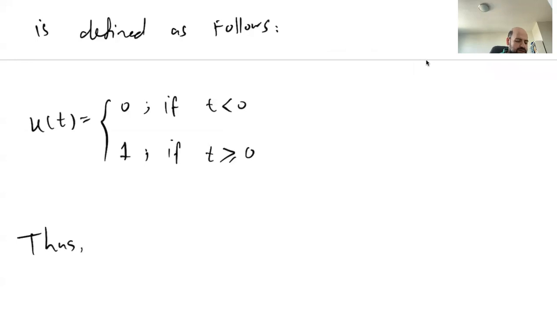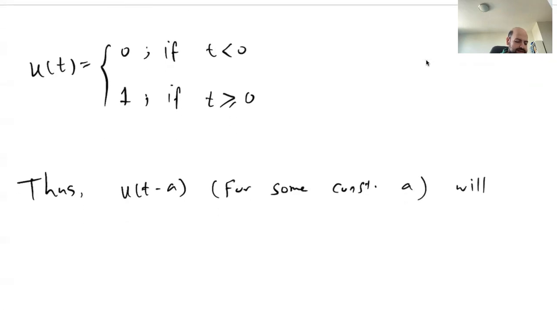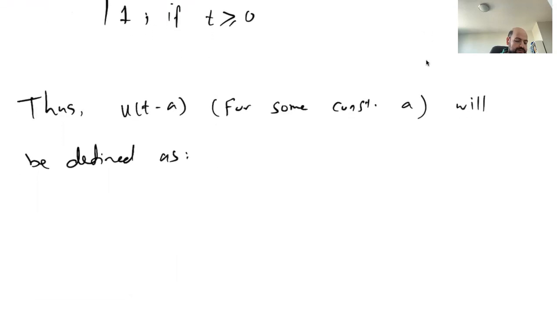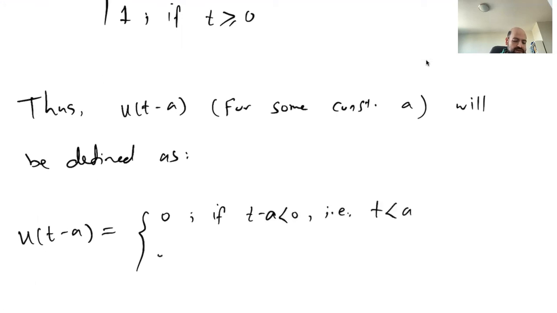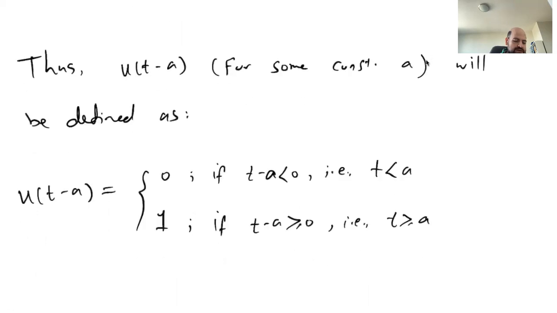Thus u of t minus a, for some constant a, will be defined as 0 if t minus a is less than 0, which means t is less than a, and it will be 1 if t minus a is bigger than or equal to 0, which means t is bigger than or equal to a.